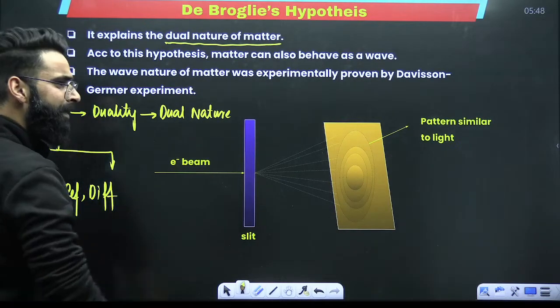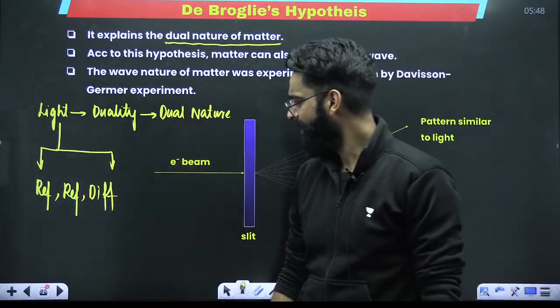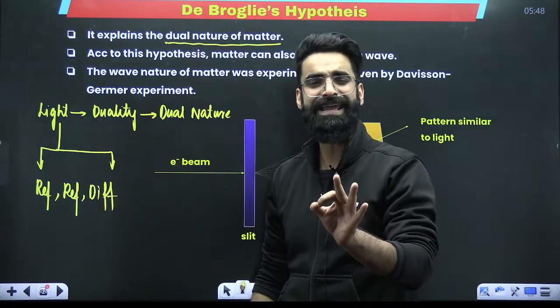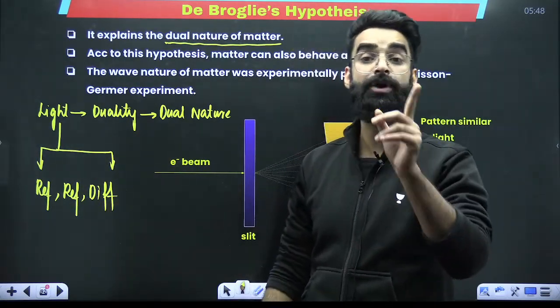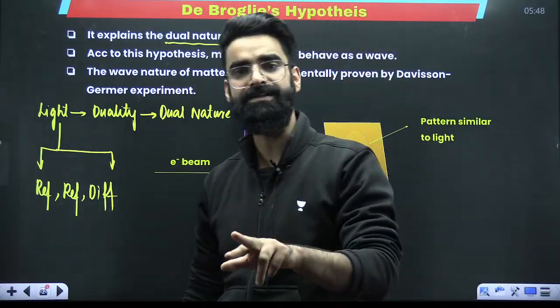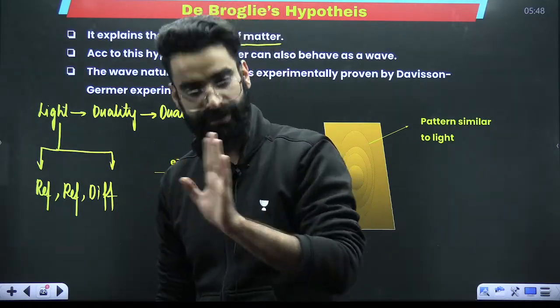There are many phenomena shown by light. Now, some of the phenomena of light are explained by considering light to have particle nature, and some of the phenomena are explained by considering light to have wave nature.